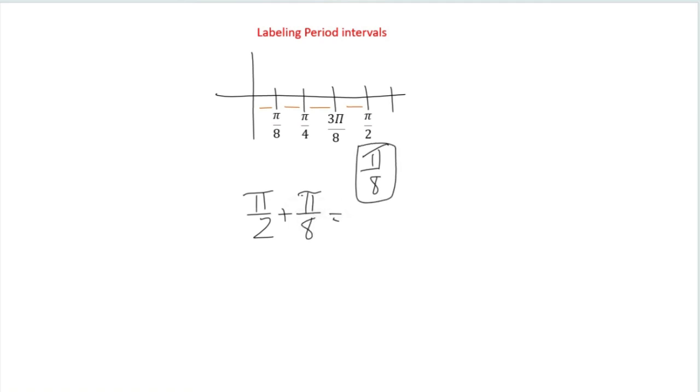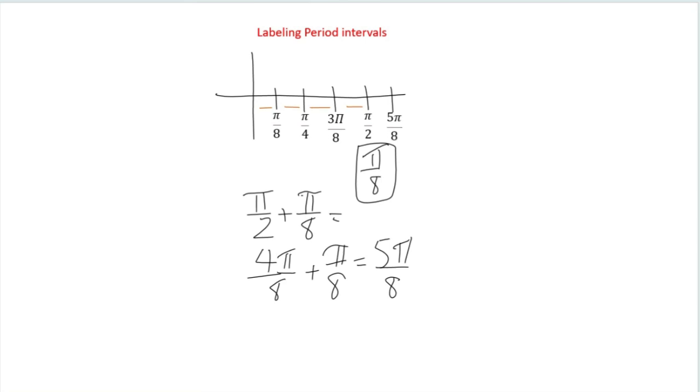This can be rewritten as 4 pi over 8 plus pi over 8, and that would give us 5 pi over 8. So basically we're just finding what the distance is between the intervals. We did that by dividing it by 4, and then we continue to add that to each of the intervals. In this case it was pi over 8.